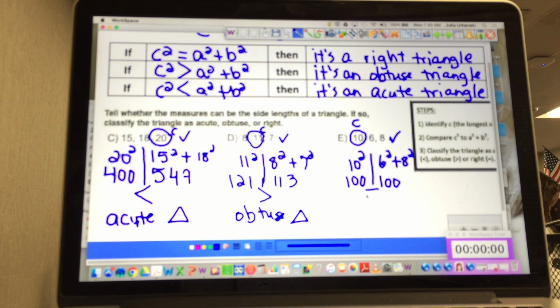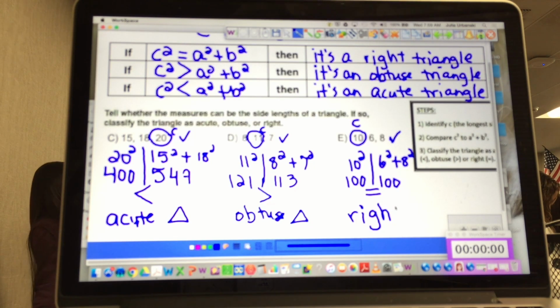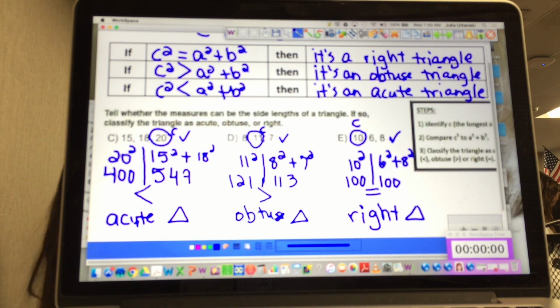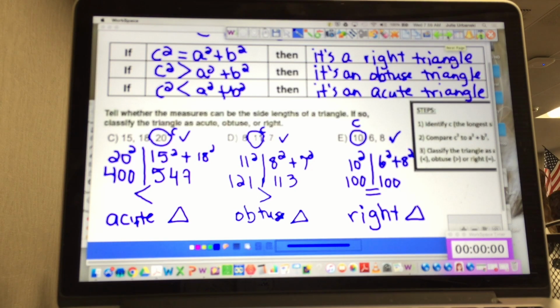So since those two sides are equal, we call it a right triangle. And that's it. That's the only new thing we need to know. But that's why I always start with the c squared first. Because it makes the less than sign fit acute, and it makes the greater than sign fit the obtuse. Questions on that? No. Okay, turn the page, look at the bottom half.